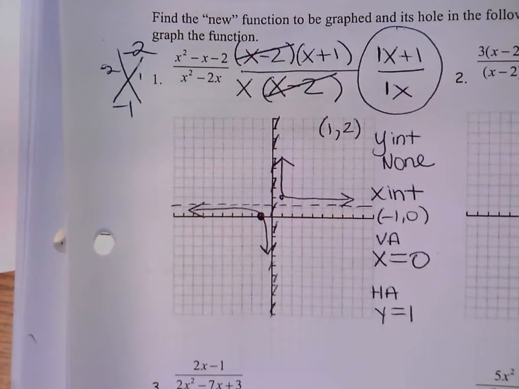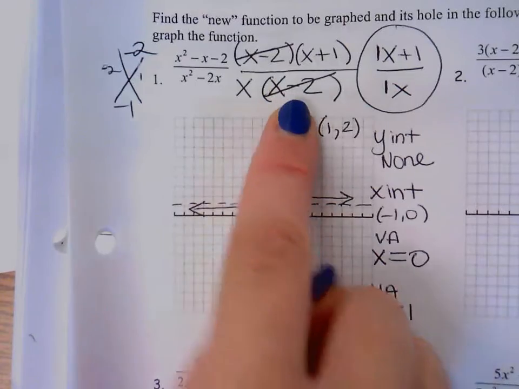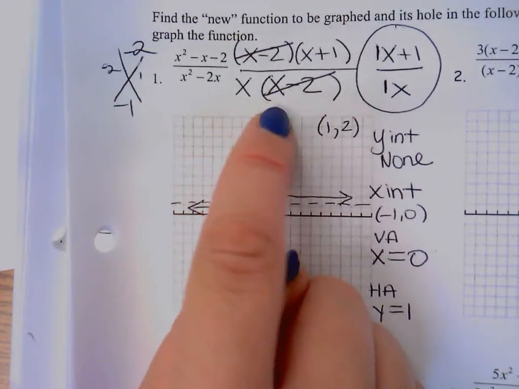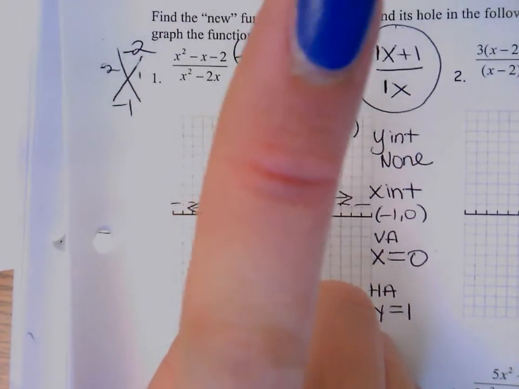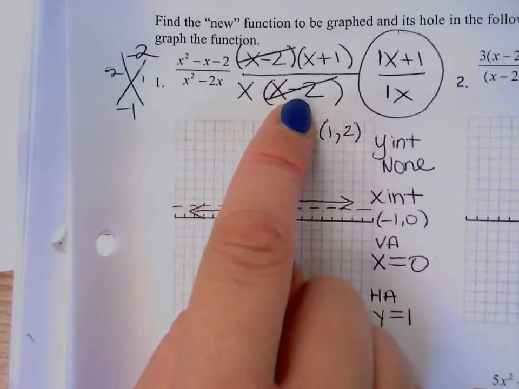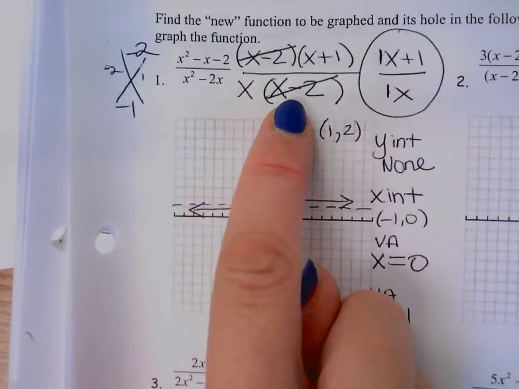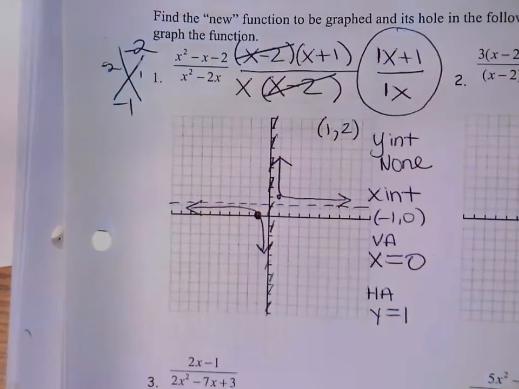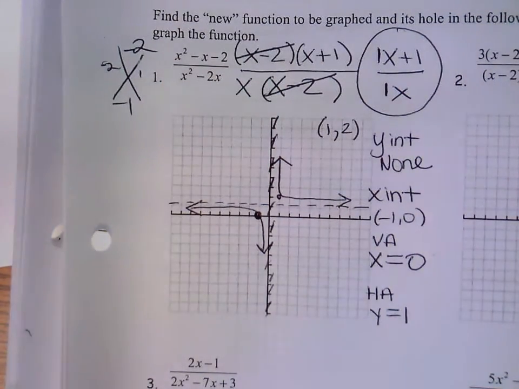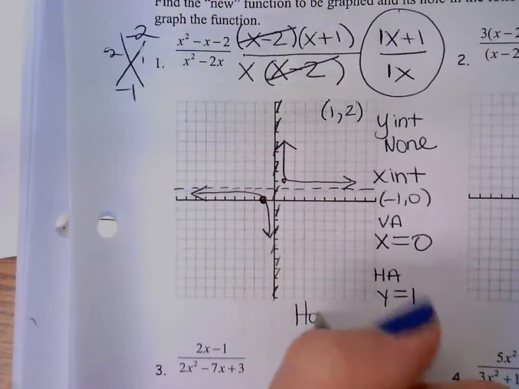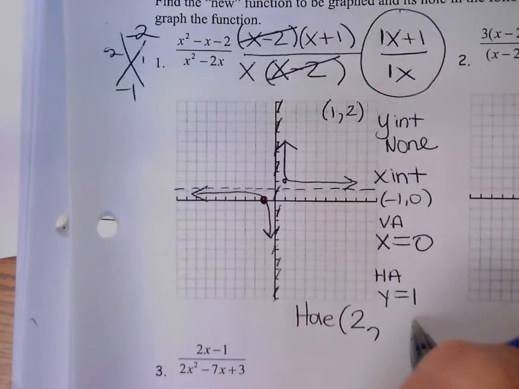Step 5 is the only piece that we're adding in. I canceled something over here. See how I canceled these x minus 2's? So 2 should have been a vertical asymptote, but it got out of being a vertical asymptote. But 2 is still undefined in this original function. So I need to put a hole at 2, comma.